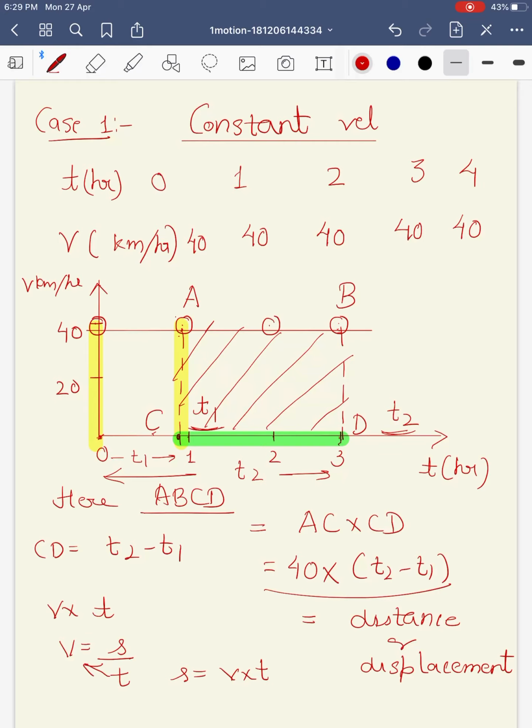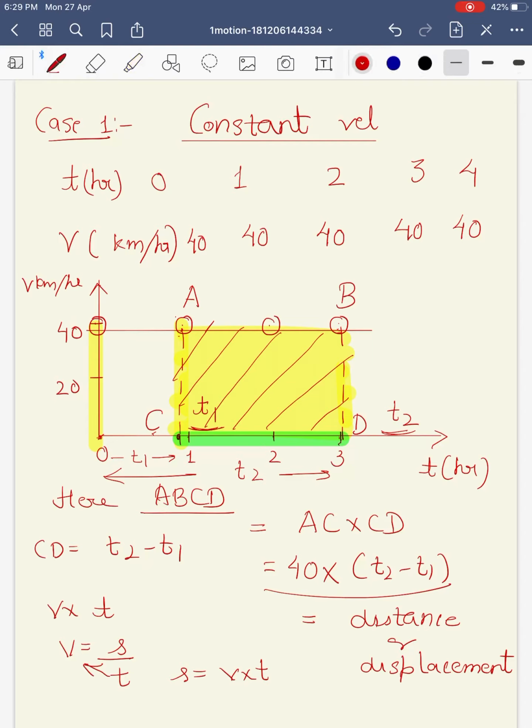Otherwise distance is also correct. So the complete area under the graph gives the distance traveled. Like in the distance time graph, we saw that the slope gives the value of speed. Similarly, in the velocity time graph, the area under the graph gives the value of the distance.